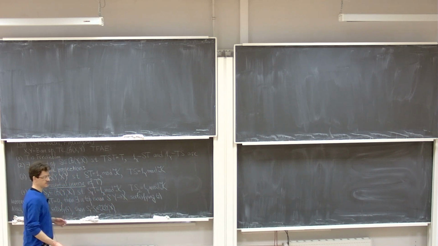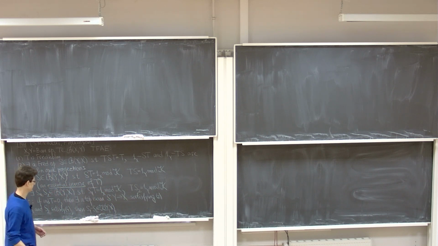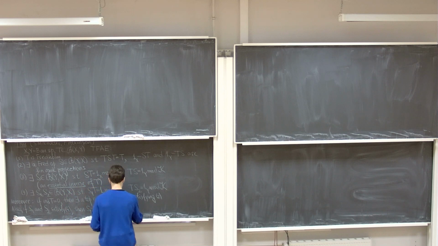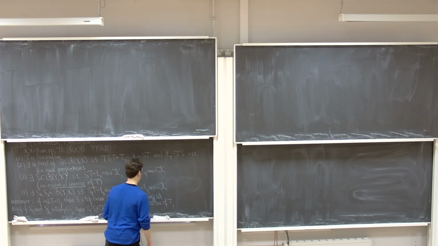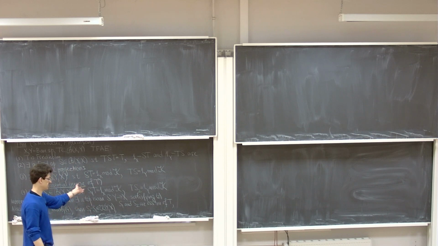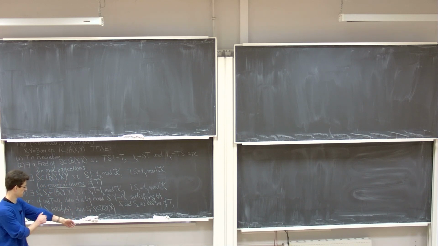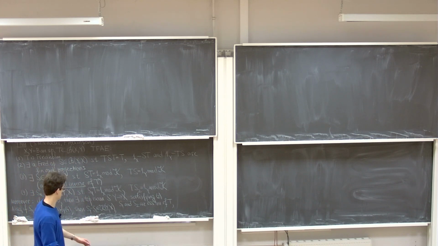Each of them is an essential inverse of T. S1 and S2 are essential inverses of T. So the left and the right turn out to be two-sided essential inverses.